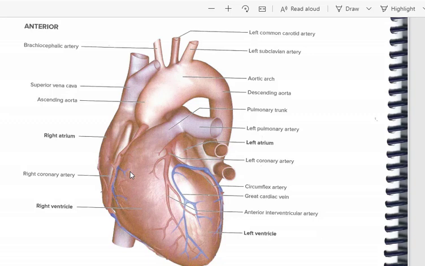So if they can bypass and renew the blood flow past the blockage, then you're going to be fine. But you need to catch it. A lot of people will be experiencing chest pain because if you've got blockage, your heart is actually sending out a message to you that, hey, I'm dying.